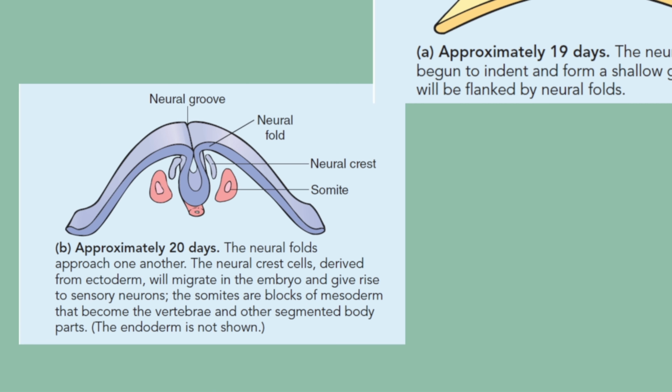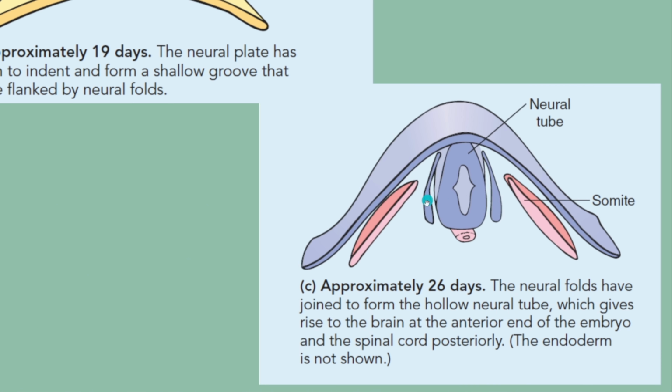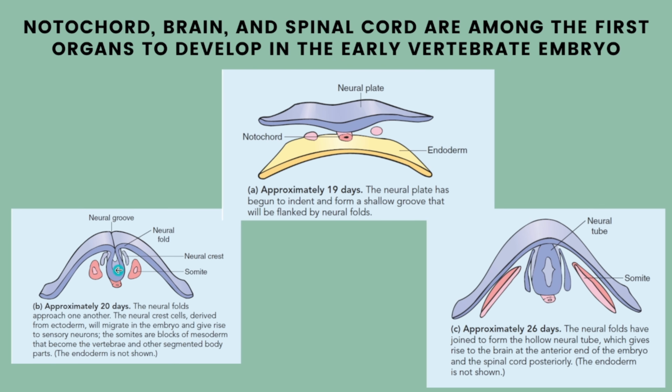So nervous tissue arises from the ectoderm on each side of the neural tube, here. You can see this one we call the neural crest. The neural crest will migrate downward from the original position, to form the dorsal root ganglia of the spinal nerve and the postganglionic sympathetic neurons.